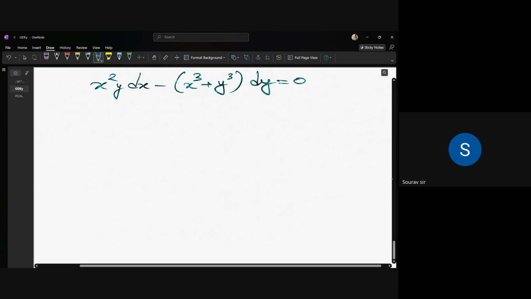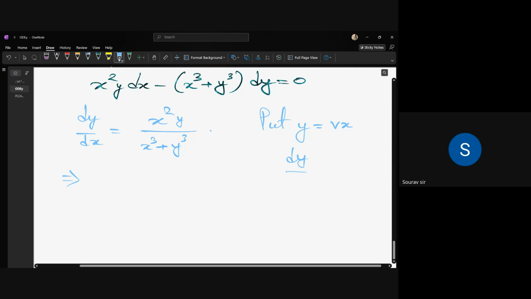Now, how can we solve it? Our dy by dx from it will be x square y by x cube plus y cube. Now let us use the Brahmastra here, that is y equals vx, and let us see what happens.